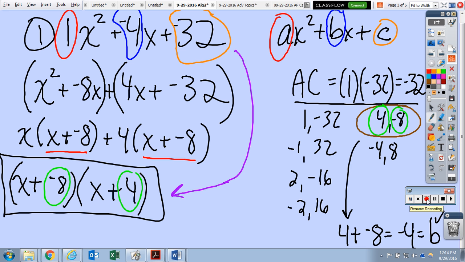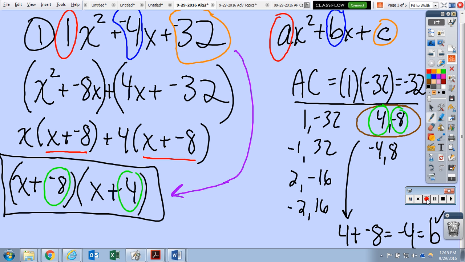Sorry, ask your question again. If 32 is positive and 1 was positive, there wouldn't be a negative like what you did there. We're going to see an example where this is positive, and the factors depend on what b is.